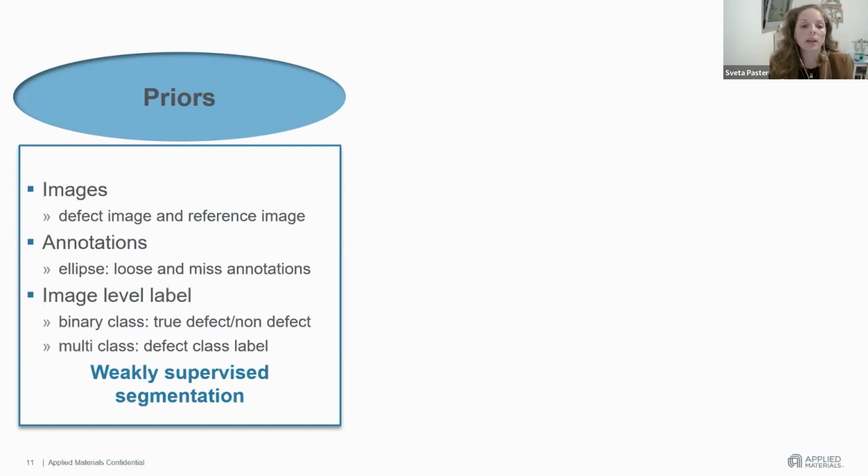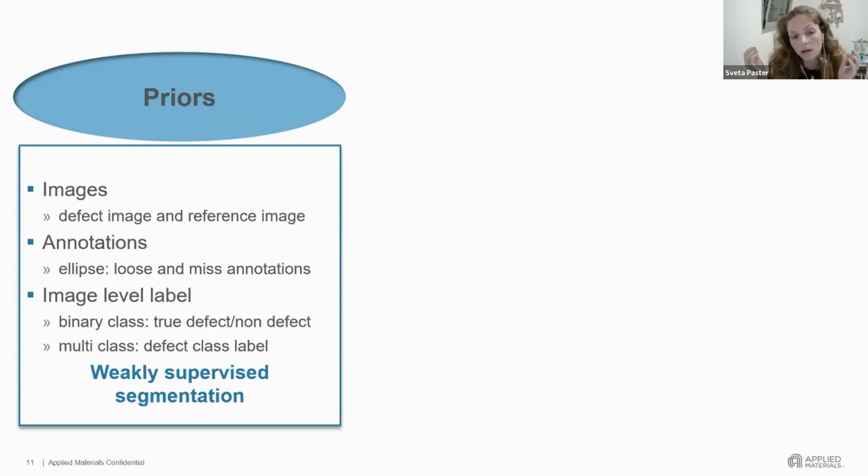Another piece of information that we can get from our customers, if they're willing to share it with us, is multi-class, meaning that, as I said, we have different types of defect classes, and if the customers can share the defect class with us, we can also use it to improve our annotations.